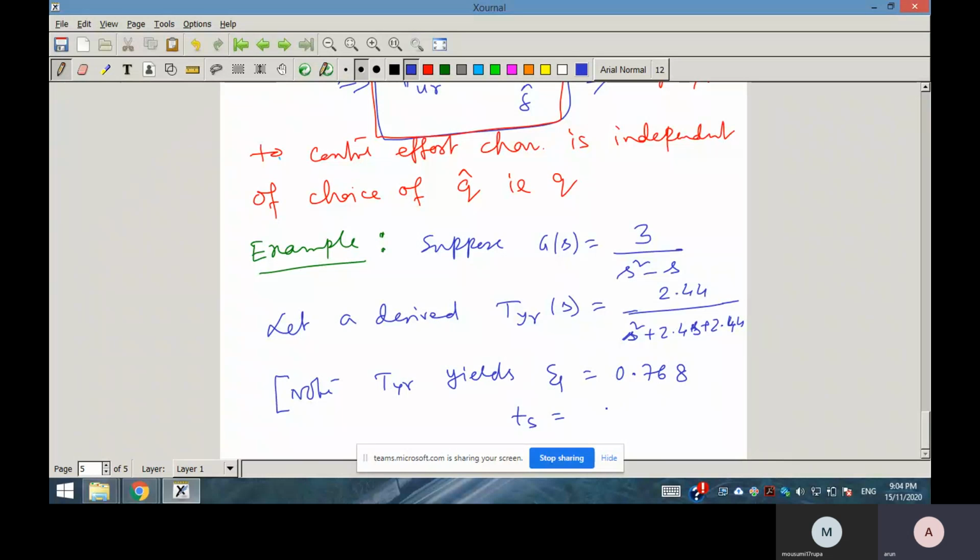Settling time will be 4 by zeta omega n. Omega n you will get here as 1.562, and then ultimately the settling time will be 3.33 seconds.